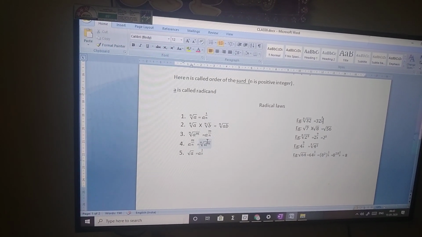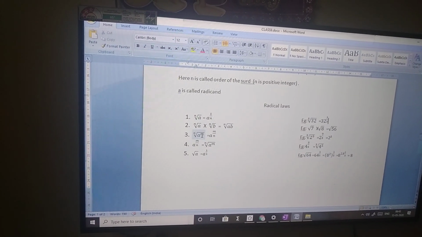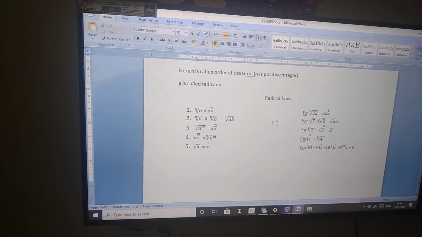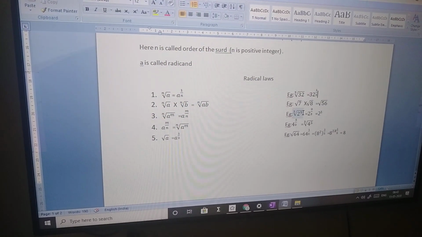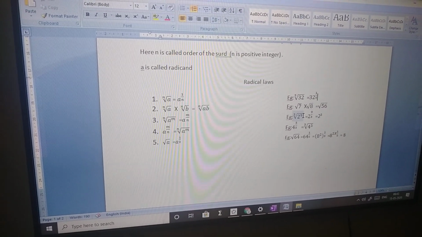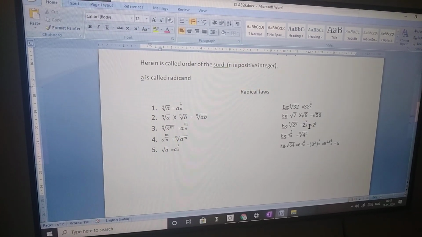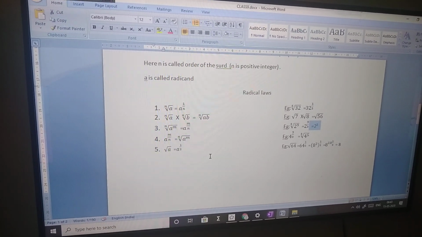Nth root of a power m equals a power m by n. Taking one example, cube root of 2 power 9 equals 2 power 9 by 3, that equals 2 cube.